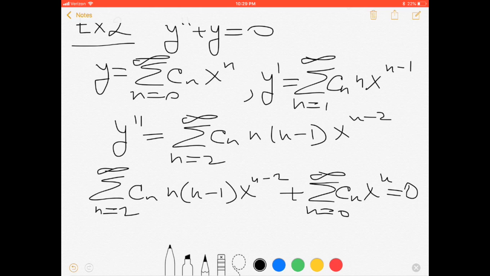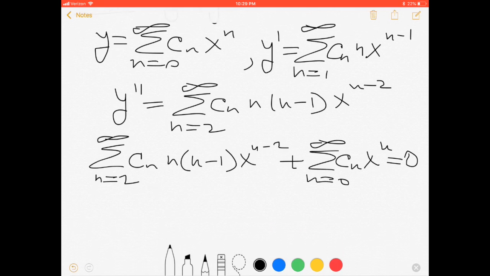Now we rewrite our first series. This means we need to rewrite it this way, so that the power will be exactly n. What happens if n equals 0? Your power is 0. Okay. Your n goes from 0 to infinity. Here we write x to the n.